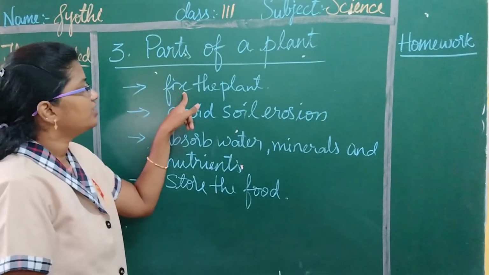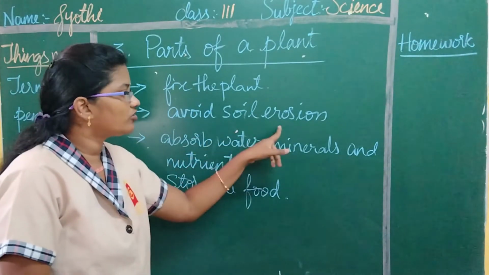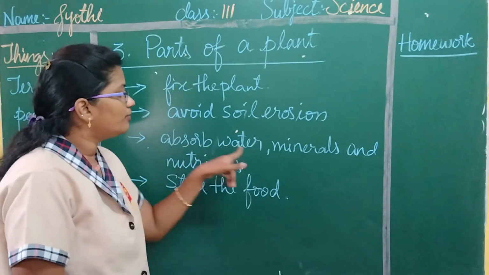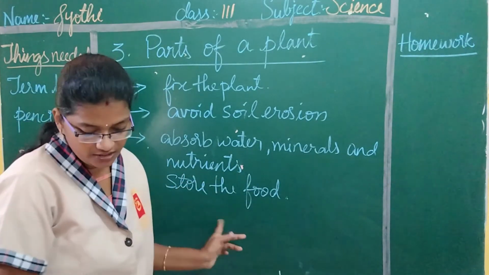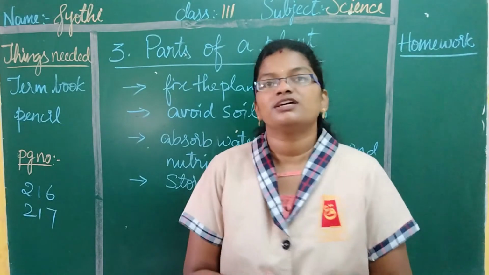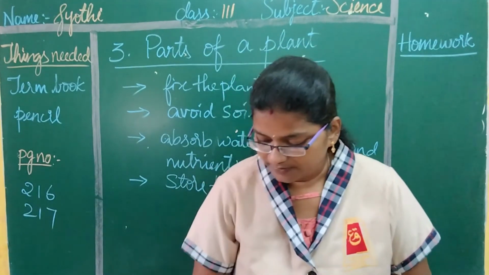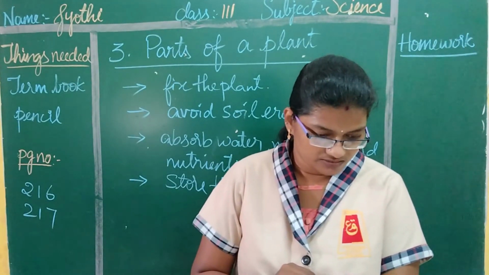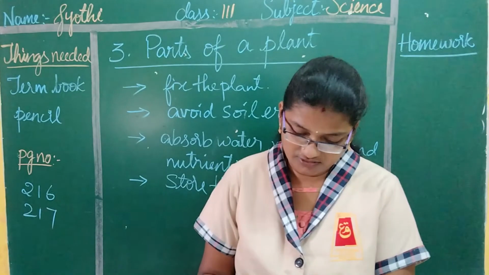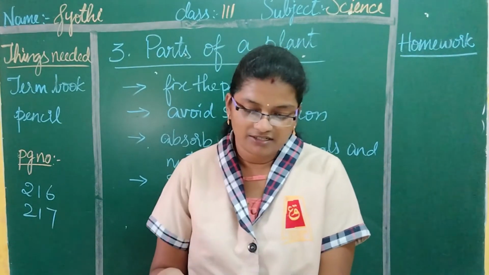It is going to fix the plant, avoid soil erosion, absorb water, minerals and nutrients, and store the food. And in roots, there are 2 types, that is taproot and fibrous root. About taproot and fibrous root we will learn in the next lesson, next topic.